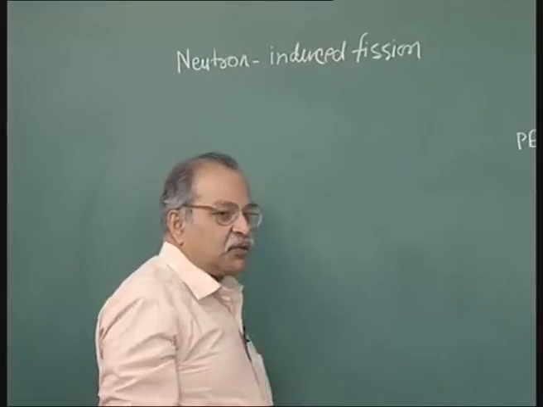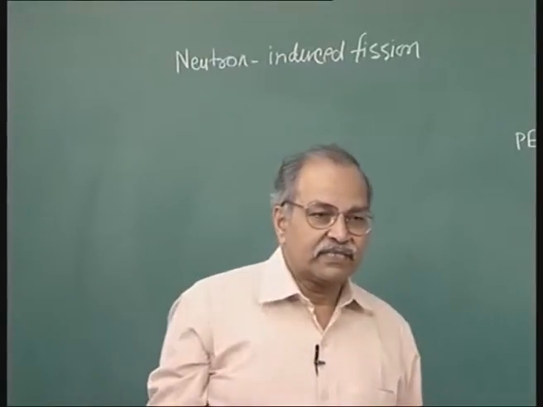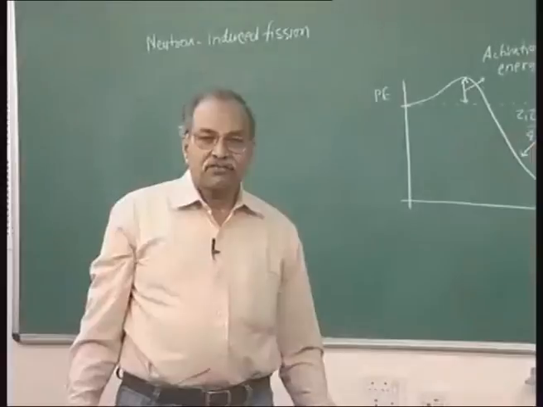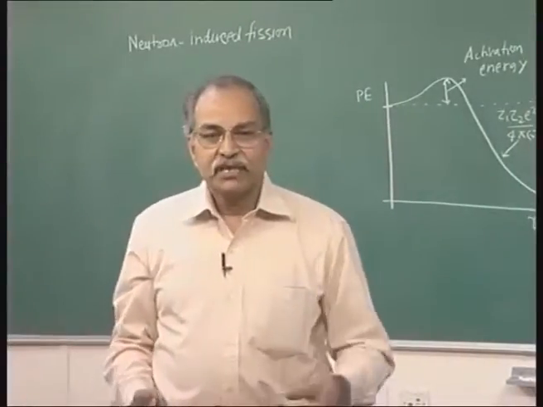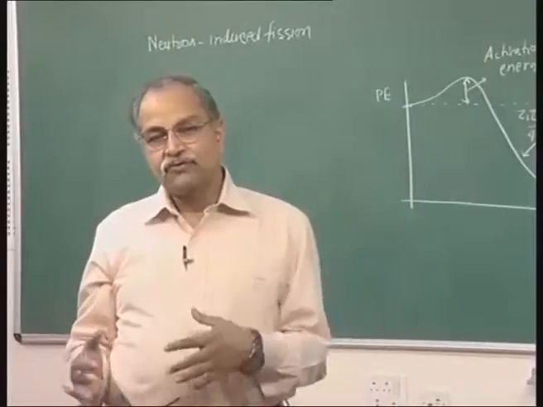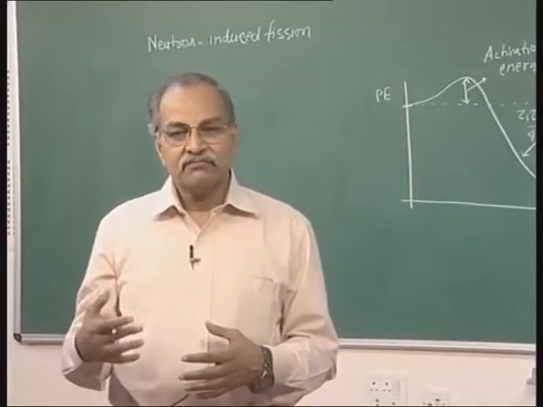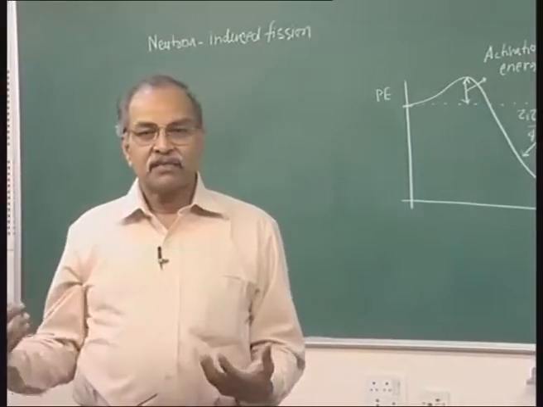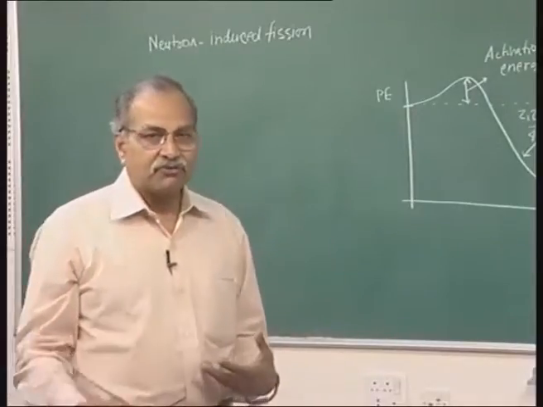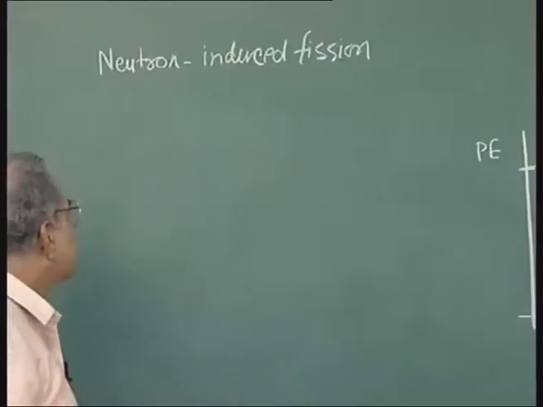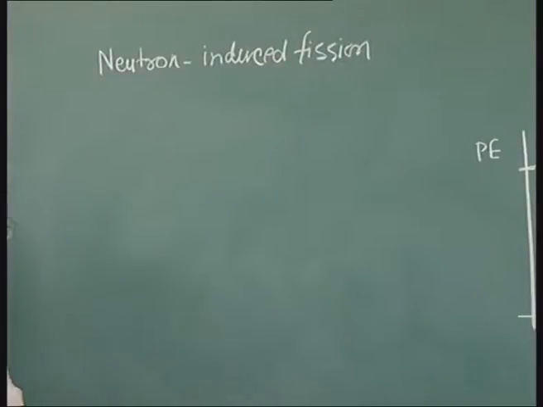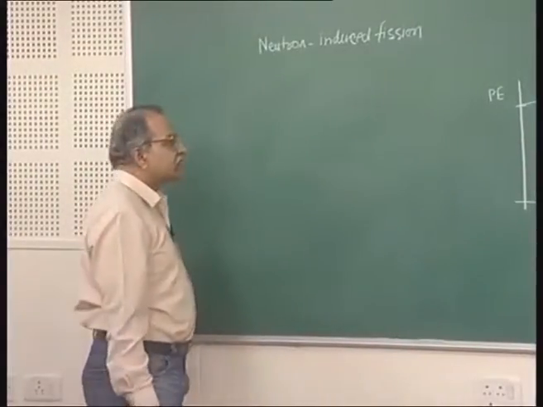That is how this whole field was started, as we discussed last time: historically, fission was discovered in an experiment in which neutrons were bombarded on natural uranium, and barium and other chemical elements were found. So, neutron induced fission is one of the very important fission reactions, used in all nuclear reactors and so on.